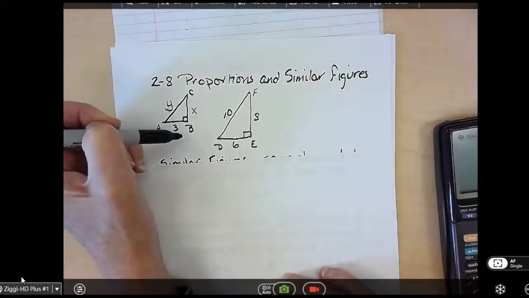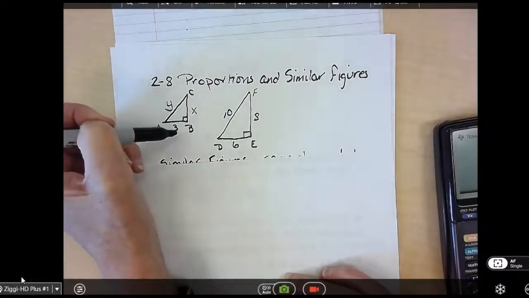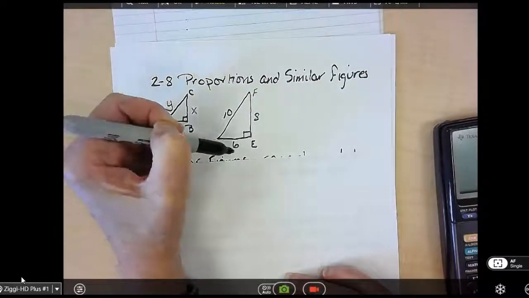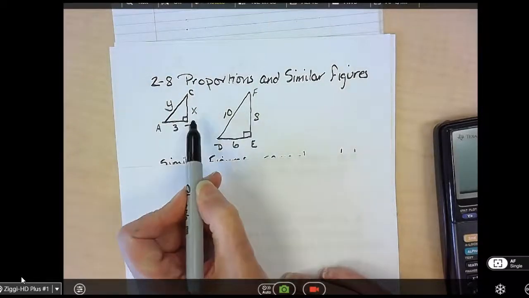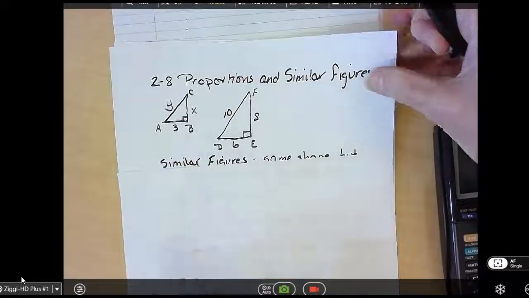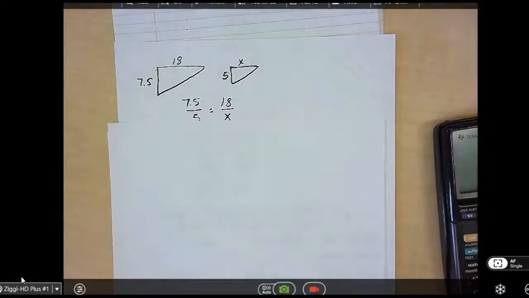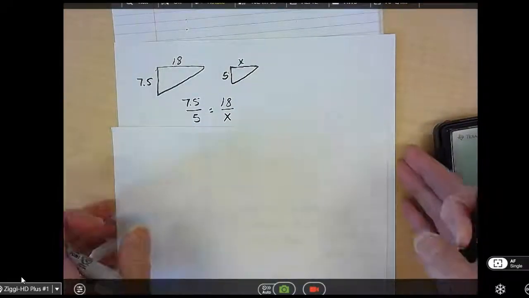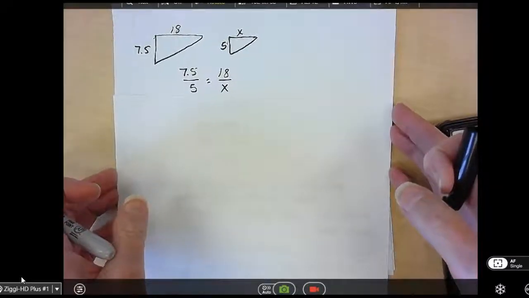But you don't want to be setting them up going small to large and large to small. When you flip them, they will not be equal to each other anymore. So in this drawing, I again have two triangles.